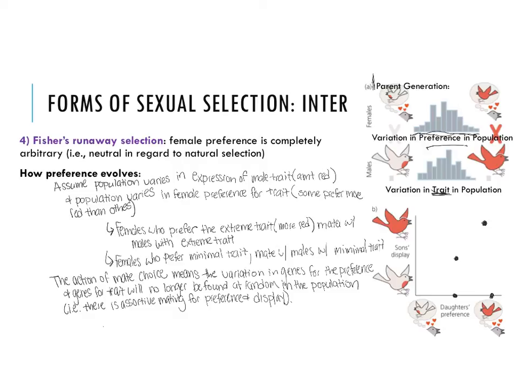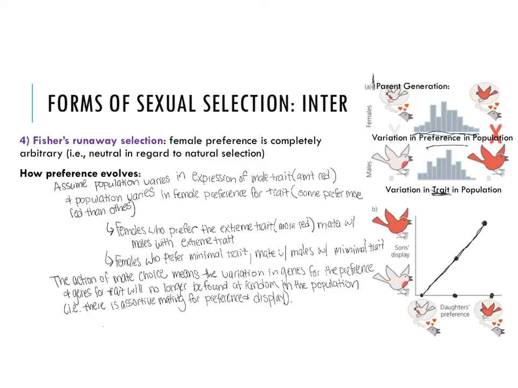If you prefer males with very little red, then you're going to mate with a male with very little red and produce sons that have very little red. So basically, you're creating a correlation between the preference in the daughters and the trait in the sons. Your offspring are going to have the preference for a lot of red and the genes for a lot of red, right? But one's expressed in your daughters and one's expressed in your sons. Or if you don't like red, you're going to have the preference for no red in your daughters and no red in your sons.